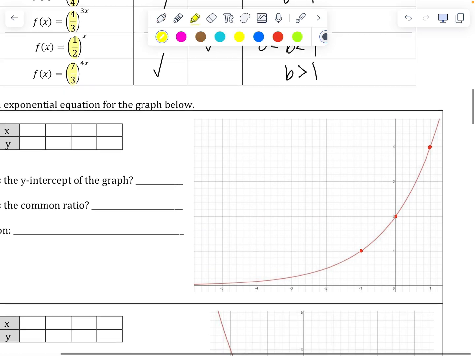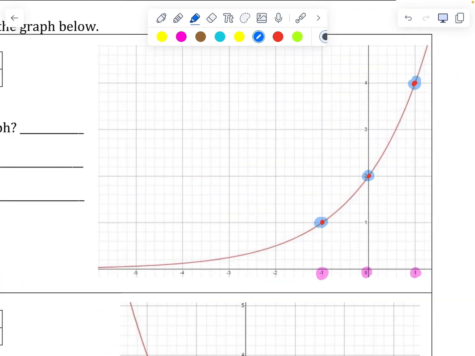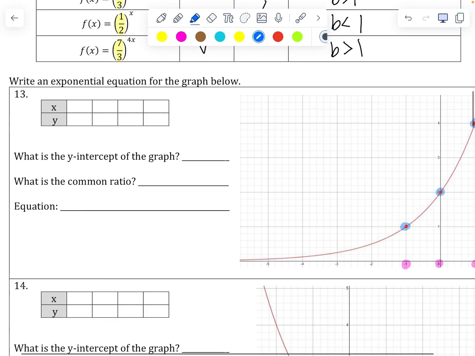I'm going to highlight my x's here with their corresponding y values. There you go, in blue. So, if you guys have that right there, I am going to write those ordered pairs on the table. And always start with your smallest to largest, okay?